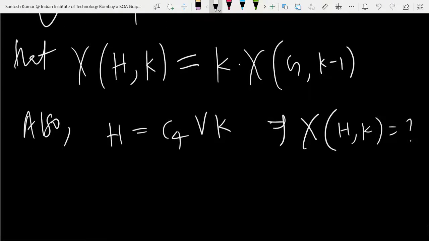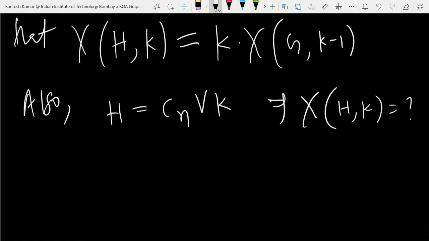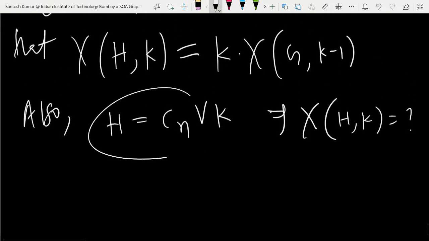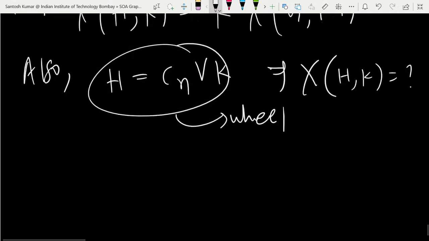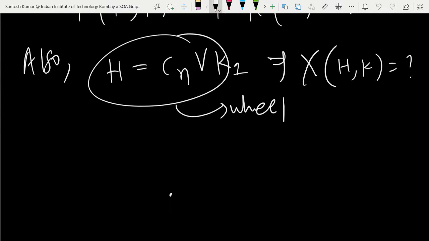Actually, let me not take C4, but a general Cn, a cyclic graph with n vertices. This will be a wheel, because you have K1, which is just one vertex, so we can take it at the center. And Cn is a cyclic graph with n vertices, so we can take 1, 2, 3, 4, 5, 6, 7, like this.